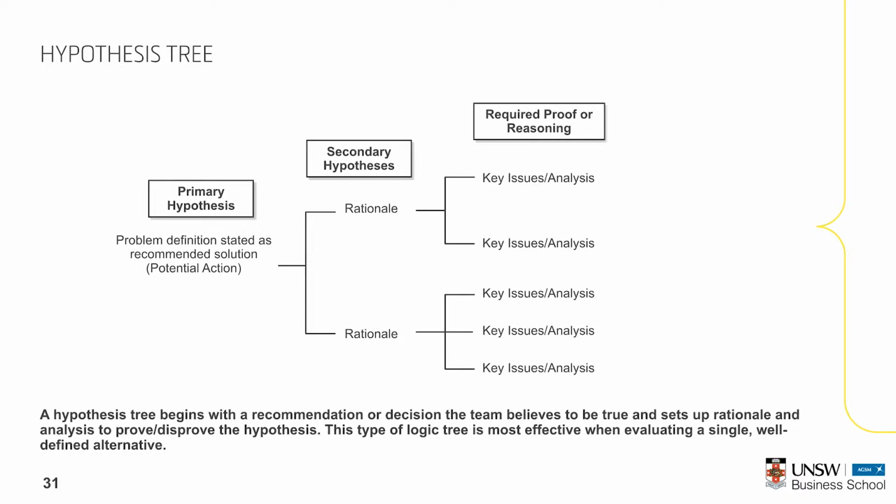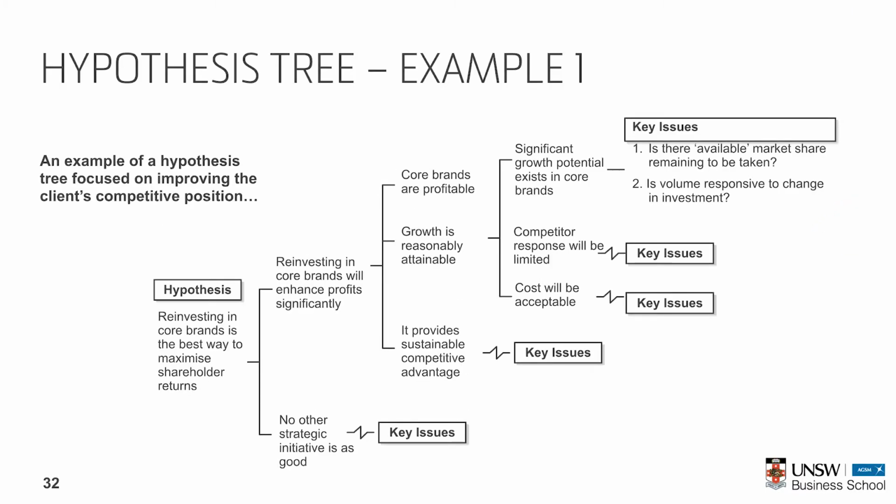So then we move to a couple of examples, which I can walk through one or two of these, and you can certainly read them on the next few slides, where we're indicating that an organisation should reinvest in its core brands to drive shareholder returns. And you'll see how we've built that out from a rationale perspective.